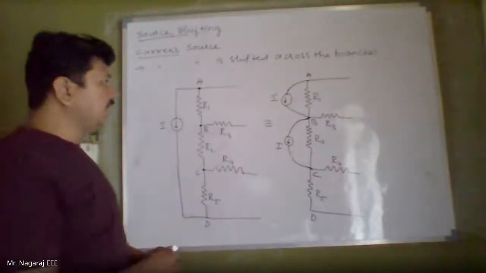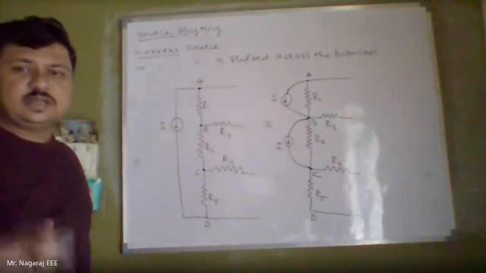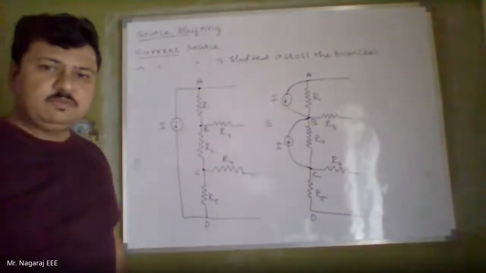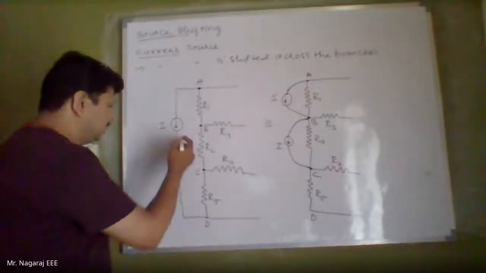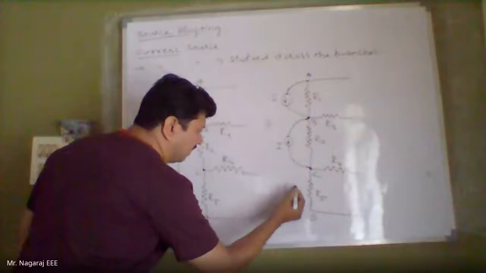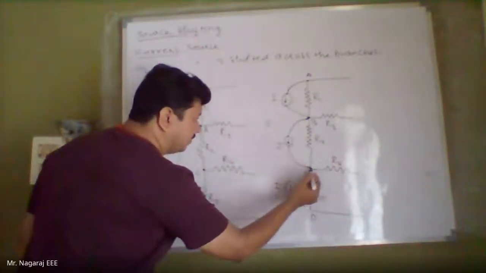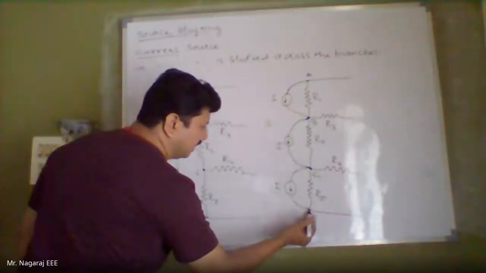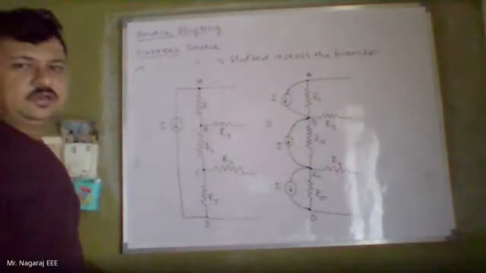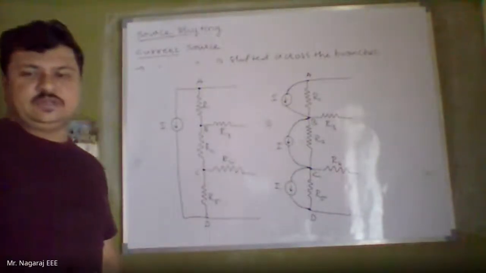So the moment I make this current I enter node B, I will make it exit that node B. So equivalently, my circuit will remain the same, and I will get one more source of the same I amperes. Now the current is entering at node C, leaving it immediately, and again it is entering at node D. So this is the equivalent circuit of the source shifting.